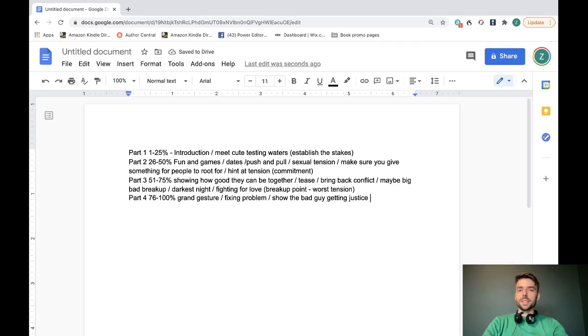Usually readers are frustrated if the more bad you make the bad guy, the more they want to see that payoff of the bad guy getting what they deserve. So don't forget about them. If you had somebody causing mayhem throughout the whole book, make sure at this part you show a satisfying way that they got punishment.